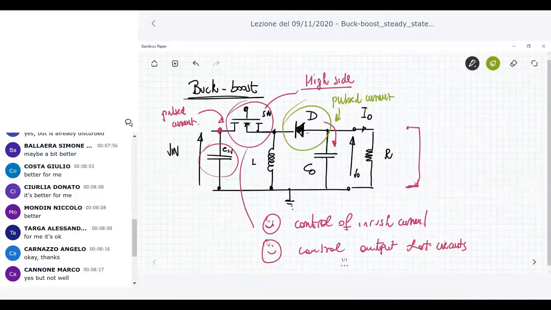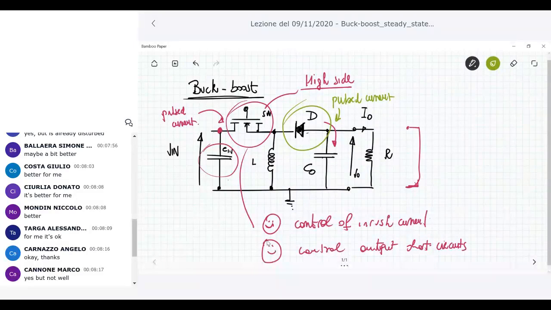So in these circuits, in the buck boost converter, both the input side and the output side should support a very large amount of electrical stress. So the input and output capacitors should be large enough to support a large level of root mean square value of the current flowing to them. So that means that you can possibly also have electromagnetic compatibility issues, both at the input side and the output side.